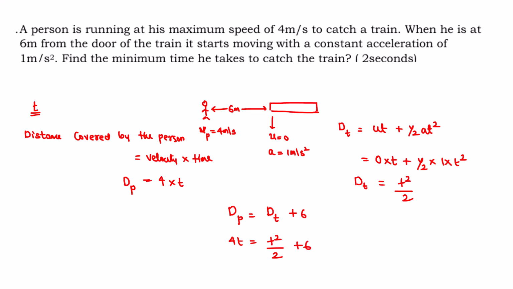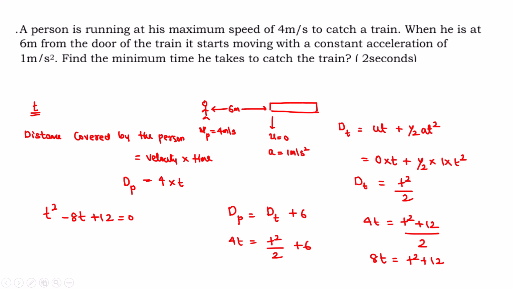If you simplify it, you can write it as 4t is equal to t square plus 12 divided by 2. If you take it to the other side, 8t is equal to t square plus 12. That means t square minus 8t plus 12 equal to 0.